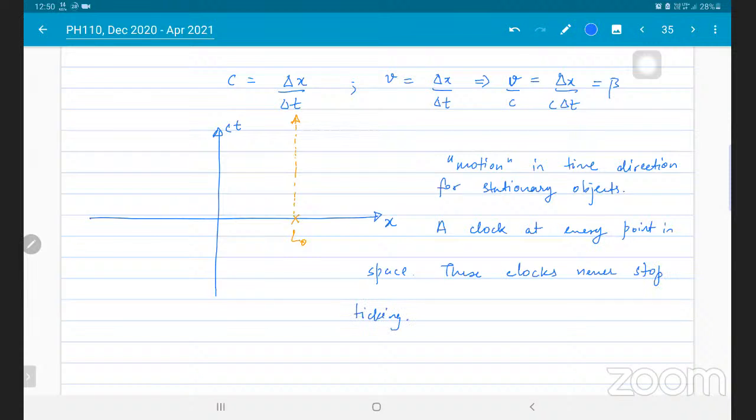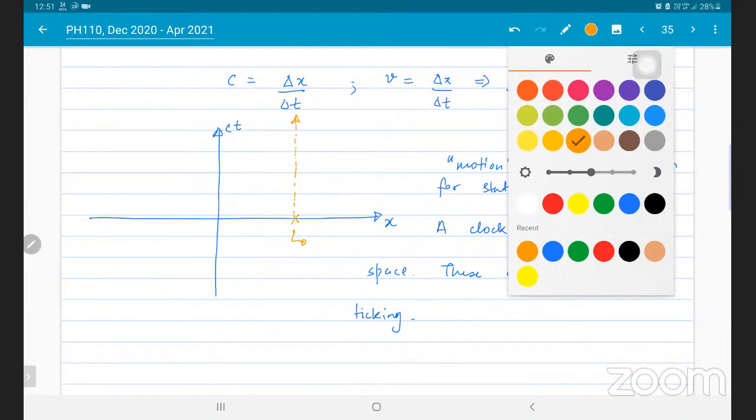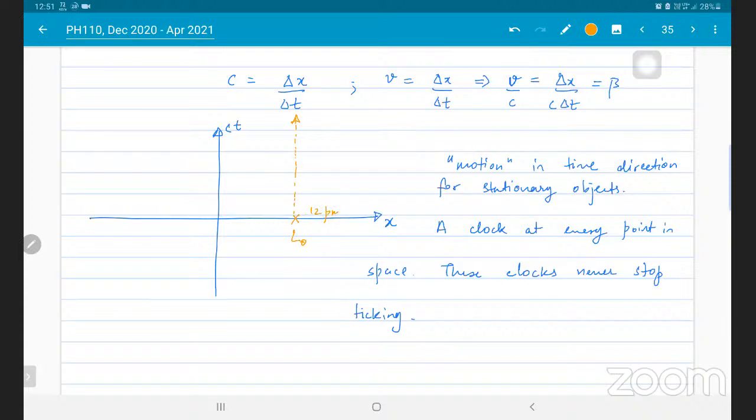This is one way to think of it. The ticking motion of a clock is like the change that is happening in the system. If you have a clock over here, it shows 12 p.m. After some time, it will show 12:30 p.m., after some time 1 p.m., 1:30 p.m., and so on.